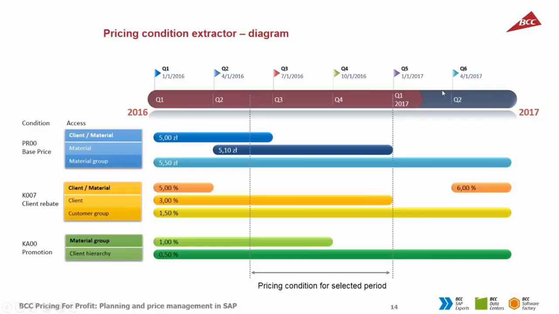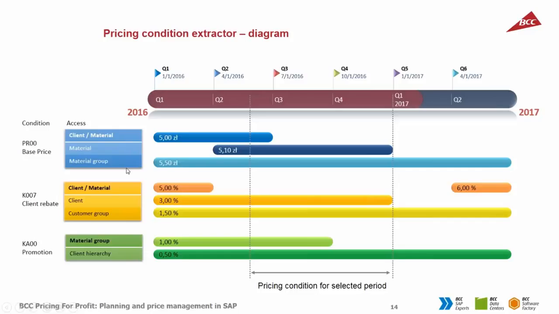On the slide we have a simple pricing procedure where we only have three pricing conditions: the base price, PR00, and two rebate conditions. One is a rebate for a client and the other a promotion.